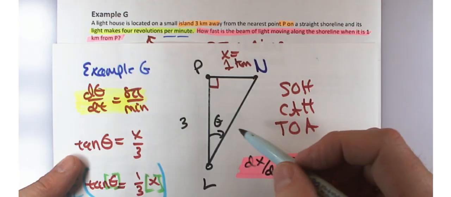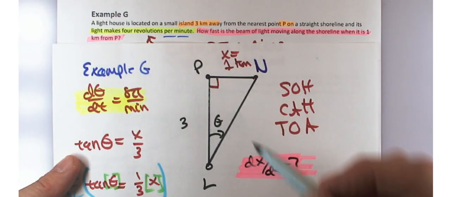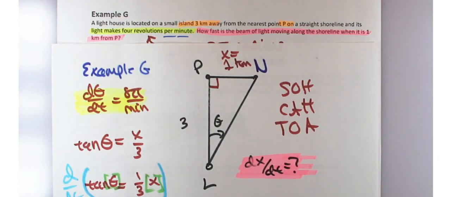Let's see. We're going to actually need to figure out, I think, what theta is. They don't exactly tell us what theta is, do they? No, they don't. So we're going to have to do a little bit of work to figure out what theta is, but we can do that.